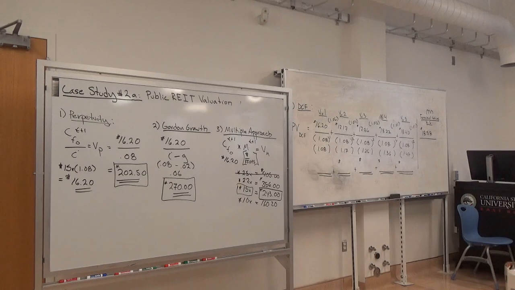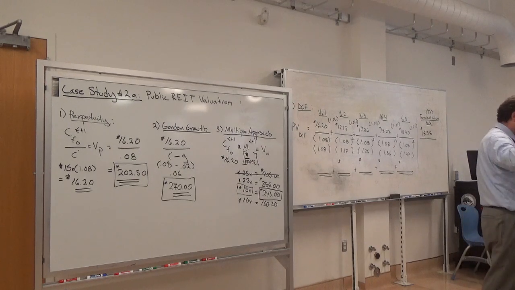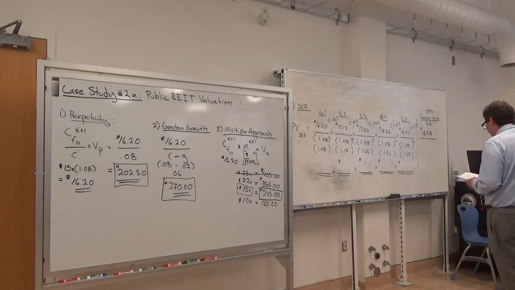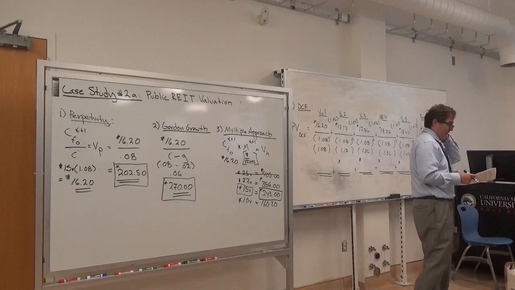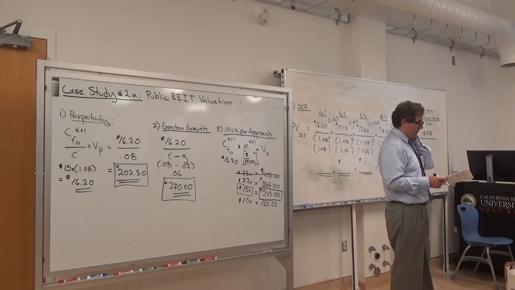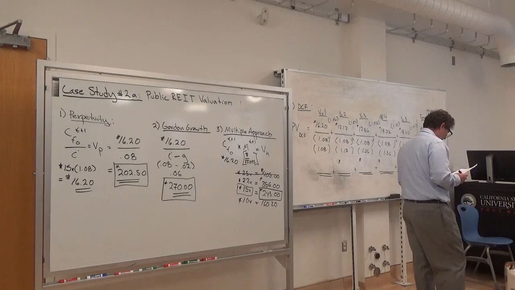So are we going to use perpetuity or the word grow? Use the word grow, exactly. Does it give you a discount rate to use to calculate the terminal value? Do they give you a discount rate or an expected return to use? What is it? 13%.